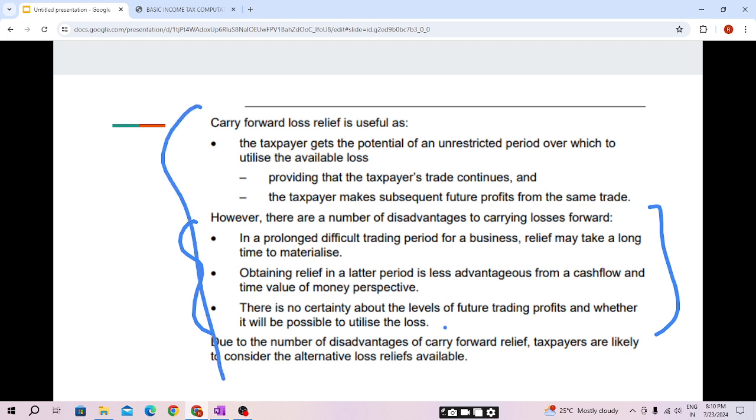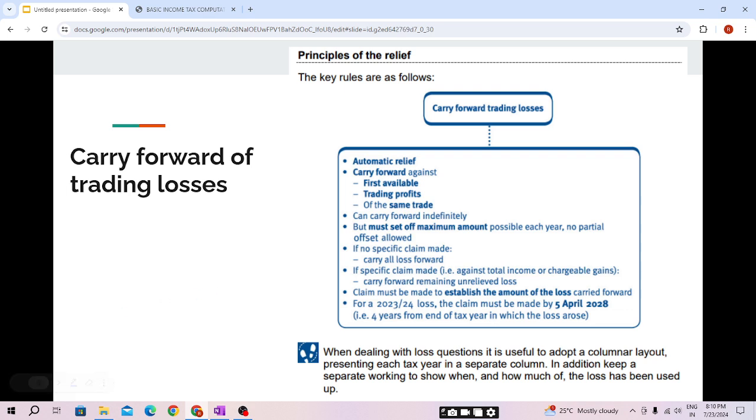This is general theory, you need to have an understanding, but the important rules are that it must be set off against the first available trading profit. It is an automatic relief, it can be carried forward for an indefinite period of time, no partial claim is allowed, and this relief must be claimed by 5th April 2028.